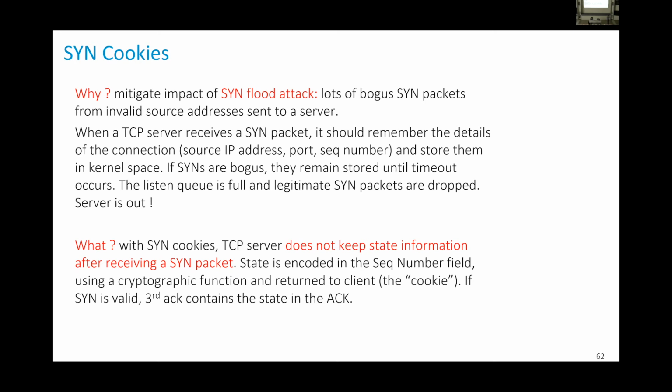So if you send me something that I should remember, what I can do is hash what you send to me with a secret that is not specific to you, but a secret that is machine-wide. I hash everything and I send it back to you. When I need the state information through an interaction with you, you send me back this cookie. Because I know the secret, I can verify with a hash that it is a non-forged cookie.